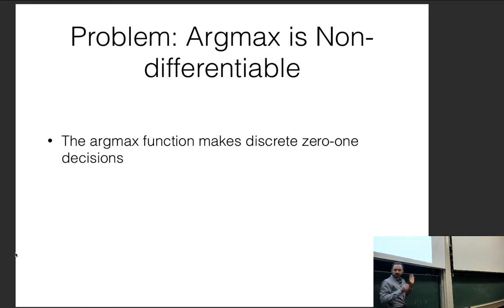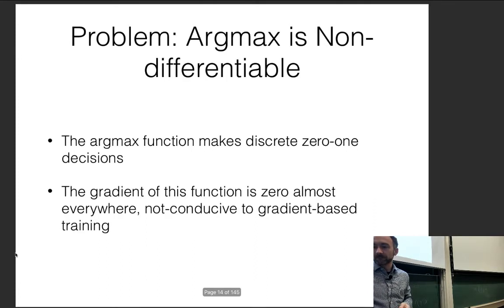Basically the argmax function looks a little bit like a step function, where the moment we transition from one thing being the max to the other thing being the max, it will have this immediate change. And everywhere else, the gradient is 0, right? So we can't easily optimize over this.